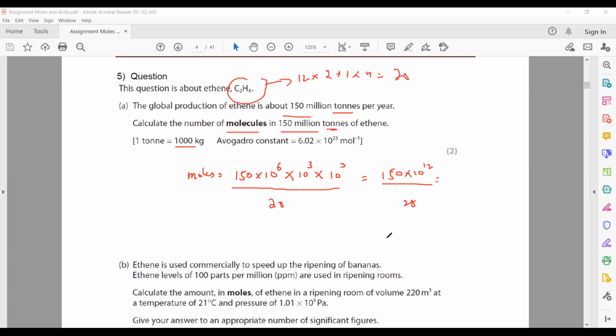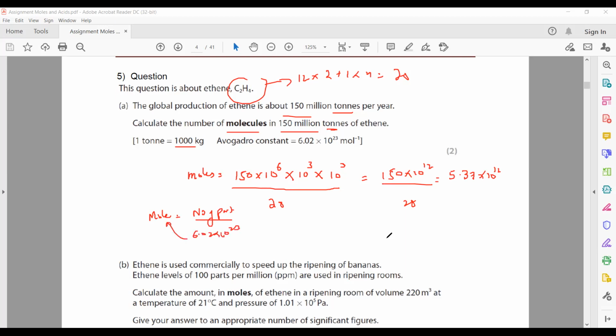That will come out as 5.37 times 10 to the power 12 moles. But we need the number of molecules, so we have the formula: moles equal number of particles divided by Avogadro's number, 6.02 times 10 to the power 23.